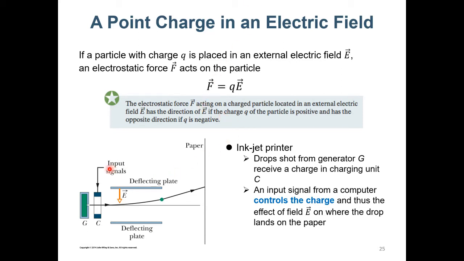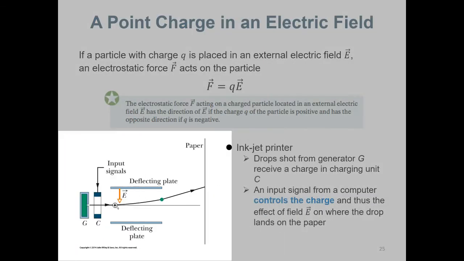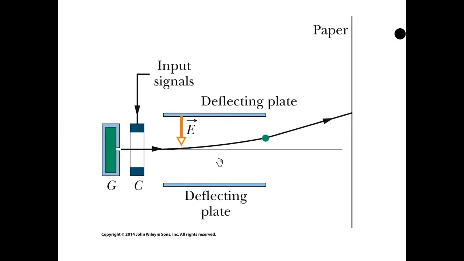So here, in this case, you should look at this graph. Maybe I can zoom in. Here we have the ink box. G means the generator, and C means charge.